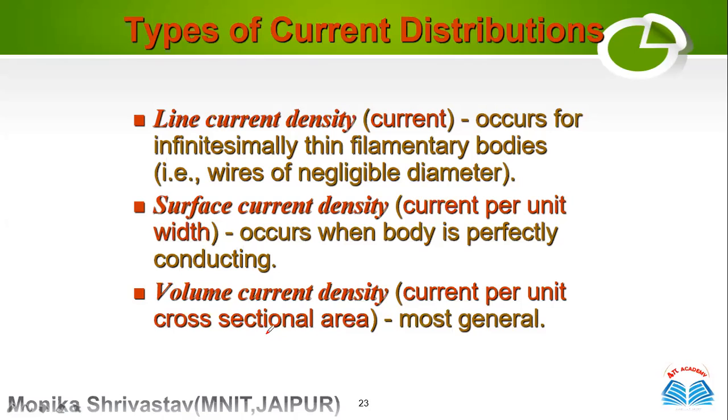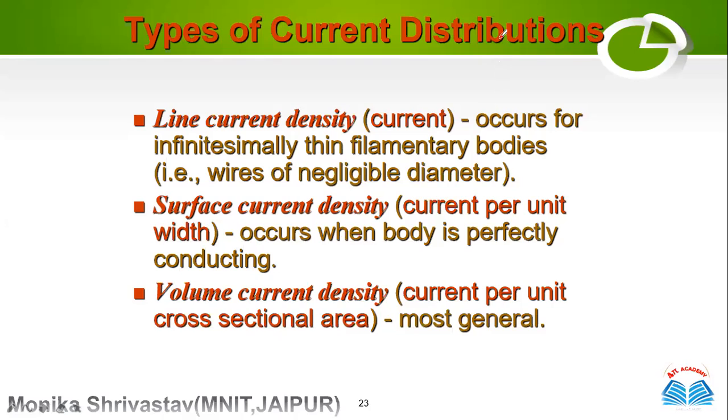Now we'll study the types of current distributions. This is also quite similar to the types of charge distributions we studied in electrostatics. There were some surface charge, there were some charge densities in electrostatics. Three types of charge densities were there. Do you remember? Anyone can tell me?